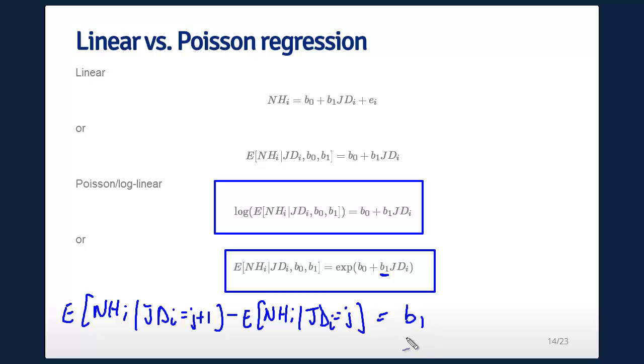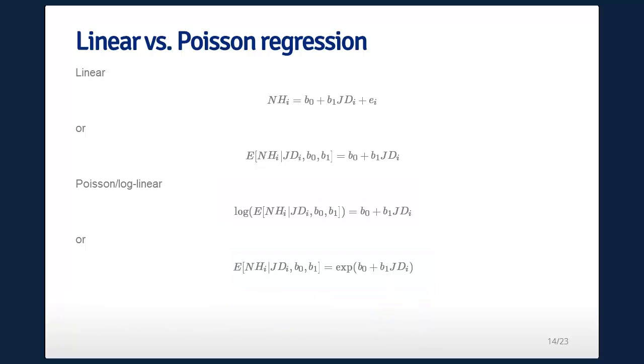And so raising that e to the b1 then is the relative increase in the mean number of hits per 1 day increase. And then if we add other covariates, it would be the relative increase per day, holding the other covariates constant.